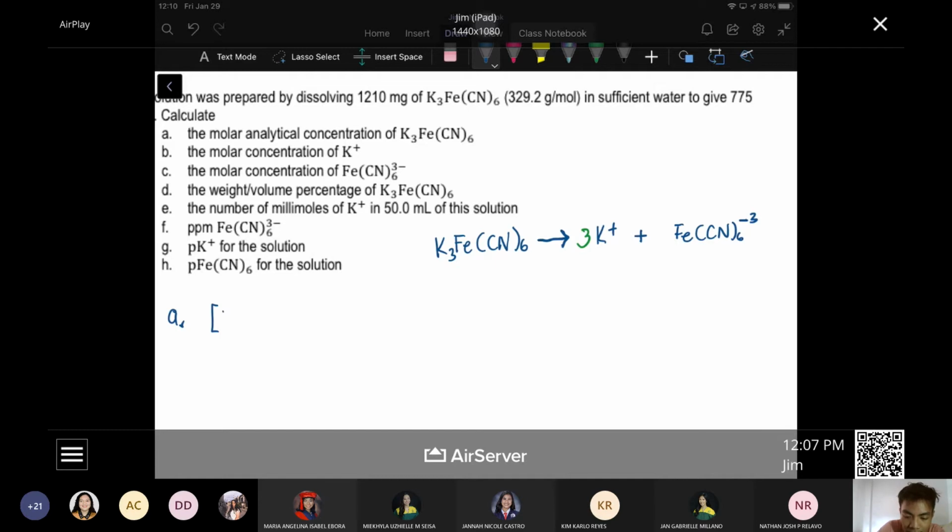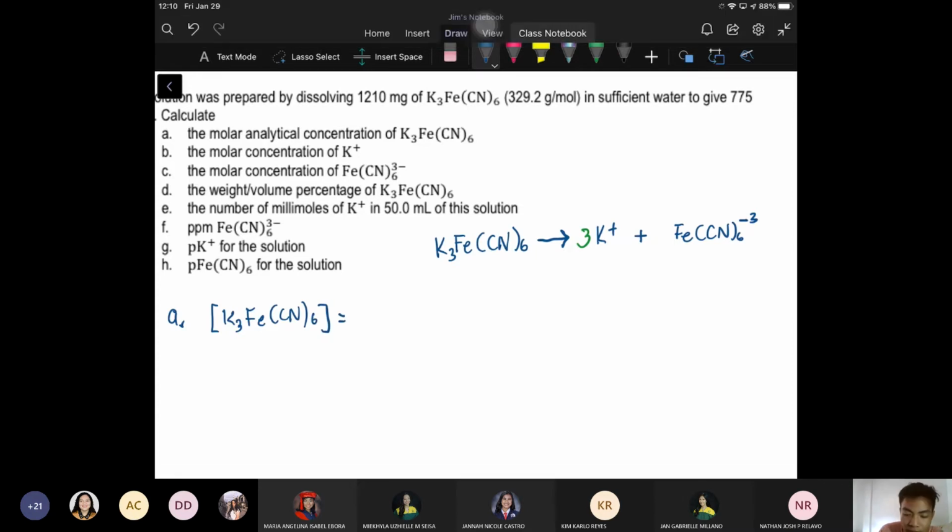Let me write the concentration in square bracket. Again, kapag may square bracket, that's molar concentration. Para masanay kayo. So what's the molar concentration? That's mole per liter.